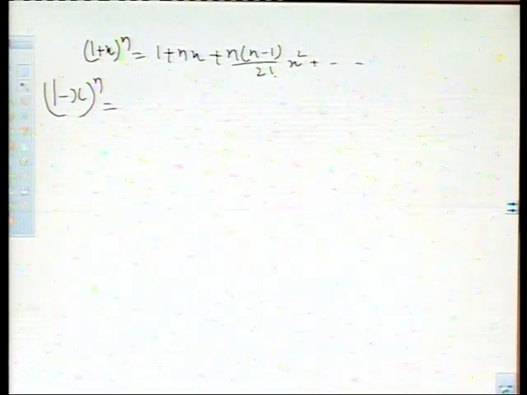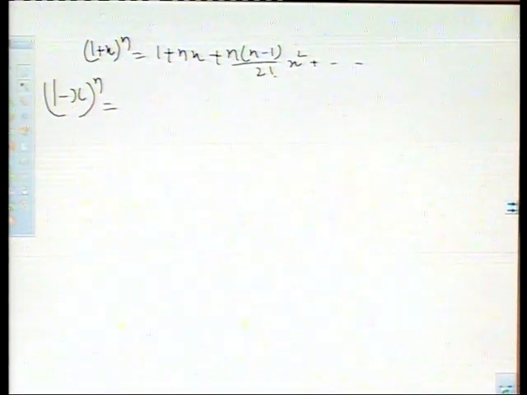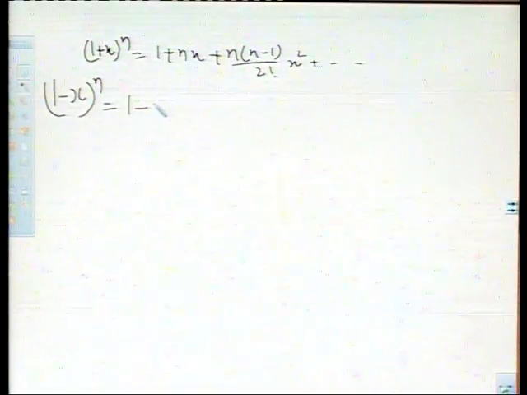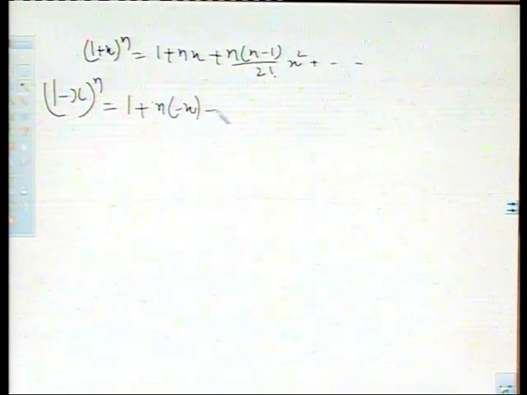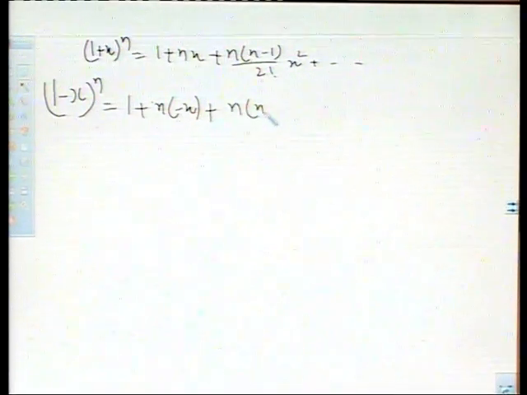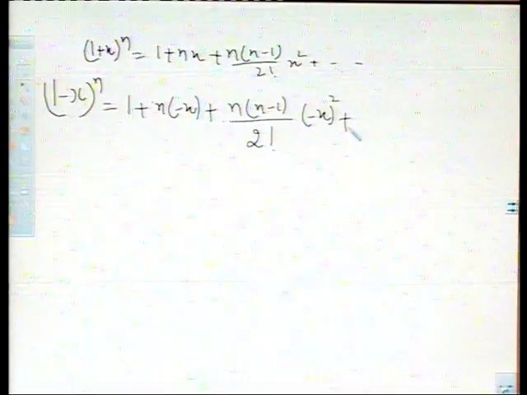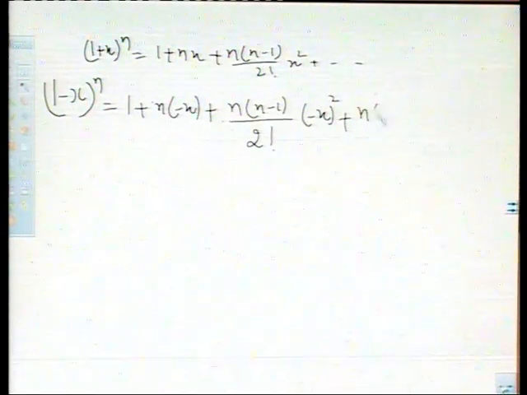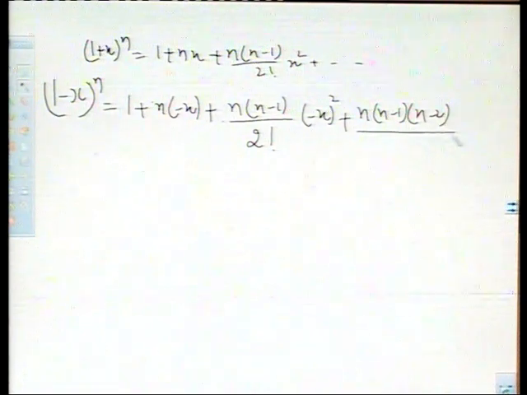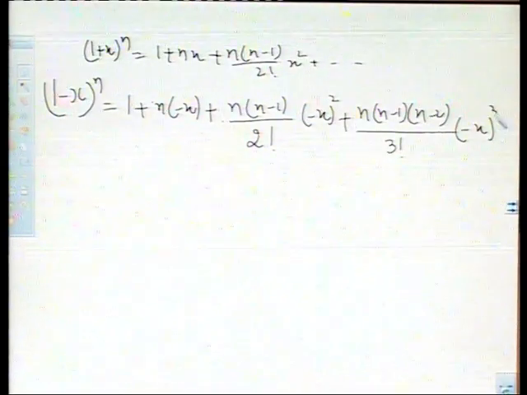Here we change x to minus x: 1 plus n times minus x plus n(n minus 1) upon 2 factorial times (minus x) square, and the fourth term is n(n minus 1)(n minus 2) upon 3 factorial times (minus x) raised to power cube.